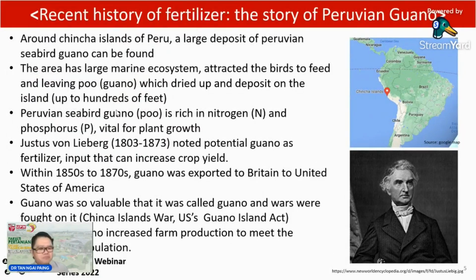So over the years, for thousands of years, people have known to use manure. And what really triggered the modern fertilizer, what happened before the nitrogen fertilizers were developed or found by scientists, is the story of Peruvian guano.